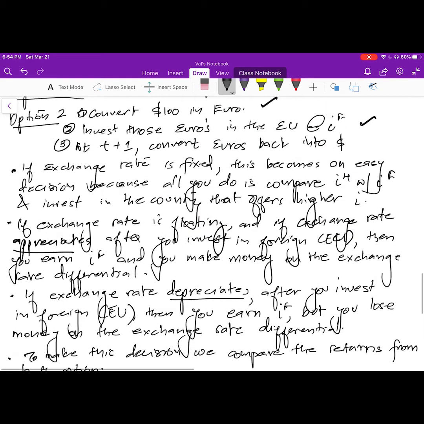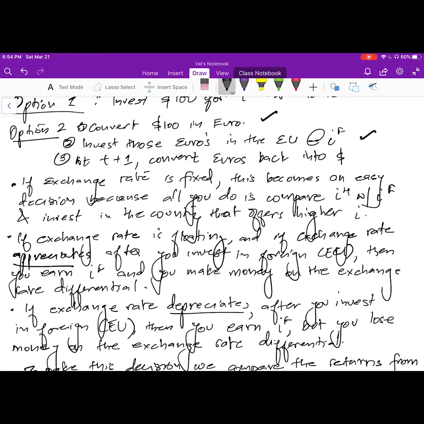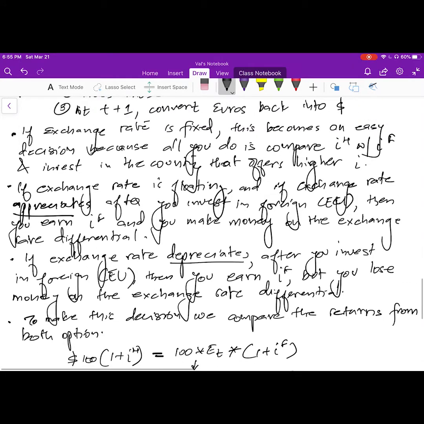Step number 3 is at the end of the period, which would be t plus 1, today plus 1, which is tomorrow. At t plus 1, you're going to have to convert those euros back into dollars to bring it back home, right? Because euros, you can't use them here.